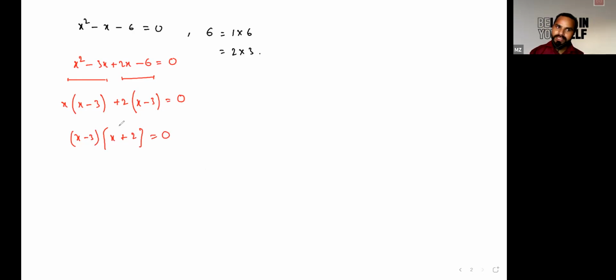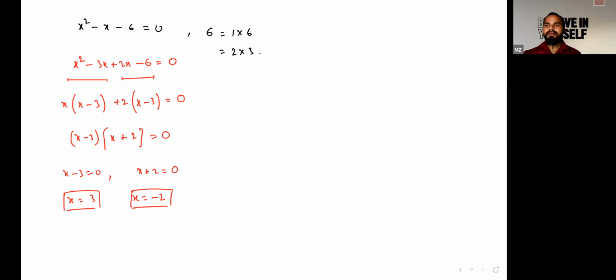If the product of any two terms is equal to 0, it means either the first or the second would be 0. So from here, x would be equal to 3, and from here, x would be equal to minus 2. Is it clear to everyone? Yes, sir.